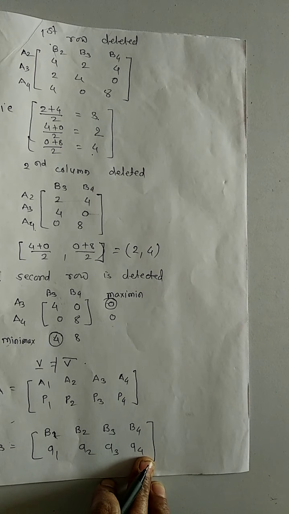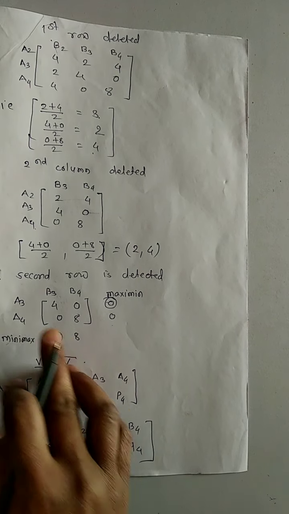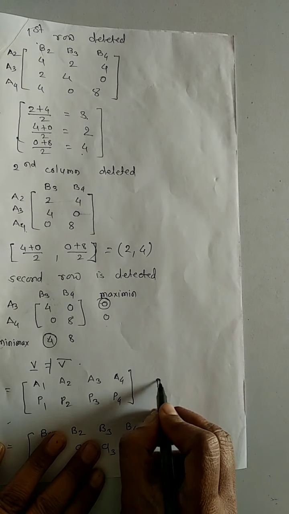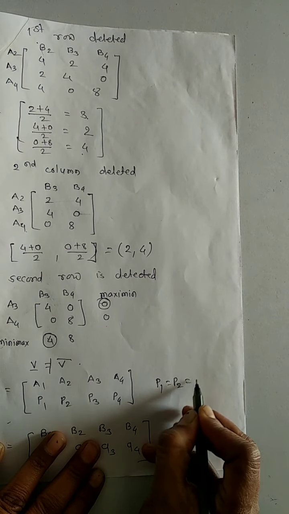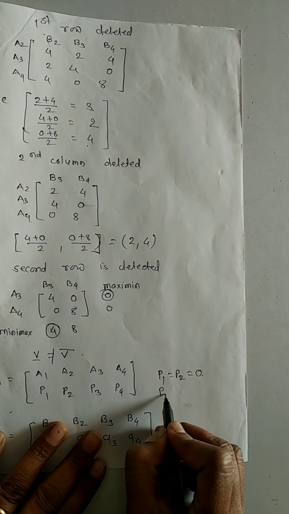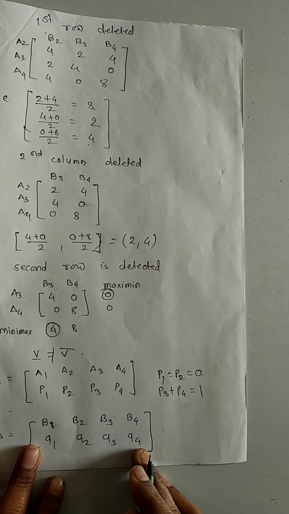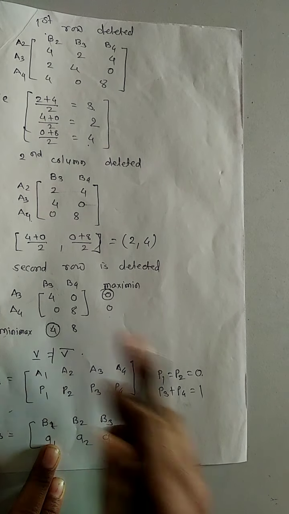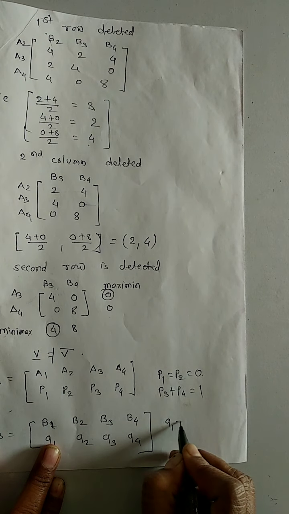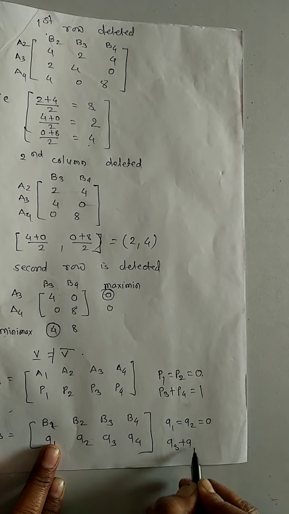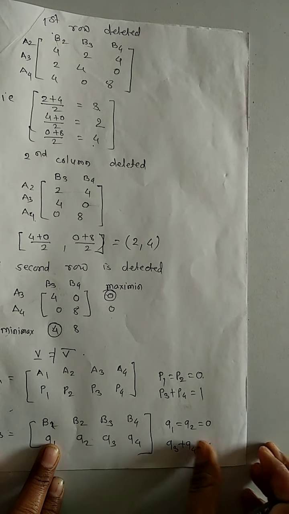Here we see that the first row and second row are deleted. Therefore, P1 is equal to P2 is equal to 0, and here P3 plus P4 is equal to 1. In the second, B1 and B2 are deleted, therefore Q1 is equal to Q2 is equal to 0, and Q3 plus Q4 is equal to 1.